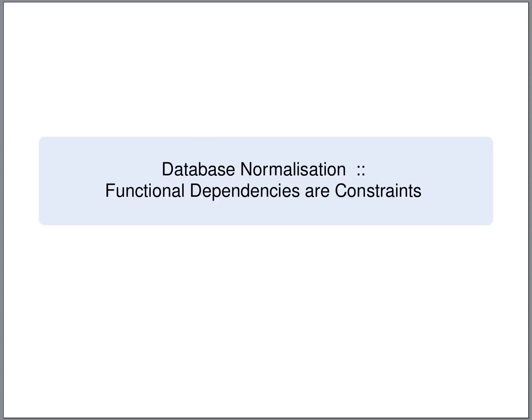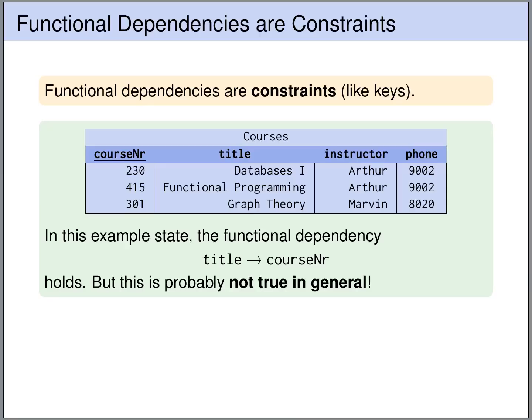Just like keys, functional dependencies are constraints. They are not only intended for one database state, but they need to hold for all possible database states. For instance, in this example database state, the title of the course uniquely determines the course number.